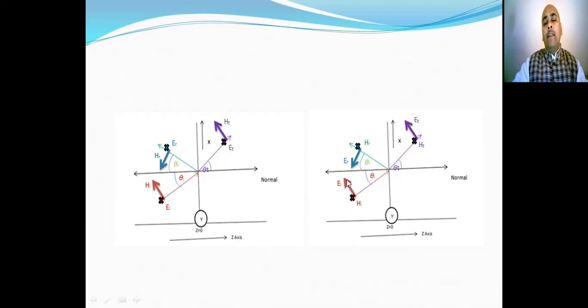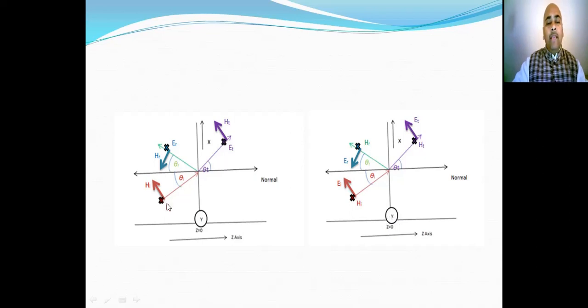Now, in case of a parallel polarized wave, the direction of the magnetic field will be perpendicular to the plane of the paper. So, in a perpendicular polarized wave, the electrical field will be in the y direction, while in a parallel polarized wave, the magnetic field will be in the y direction.